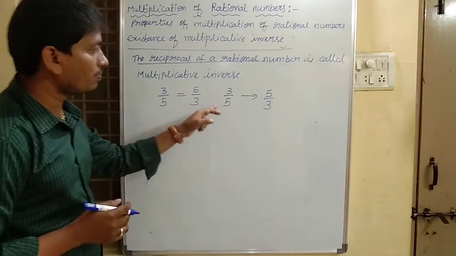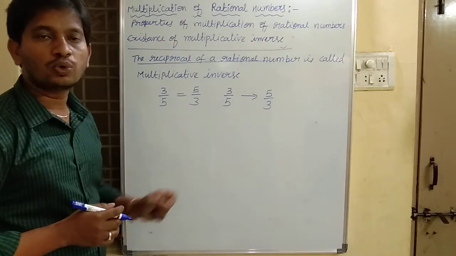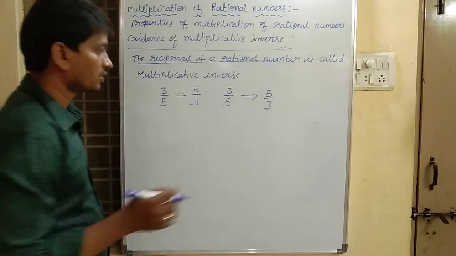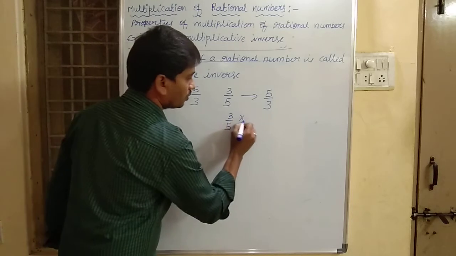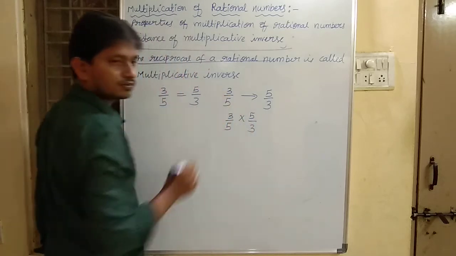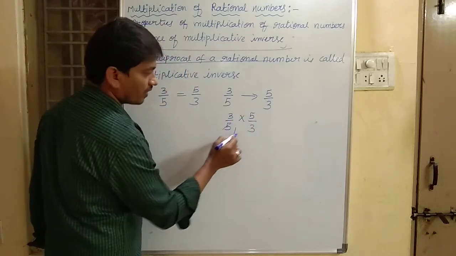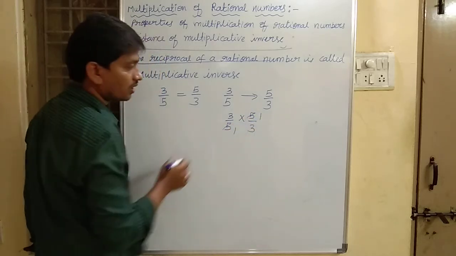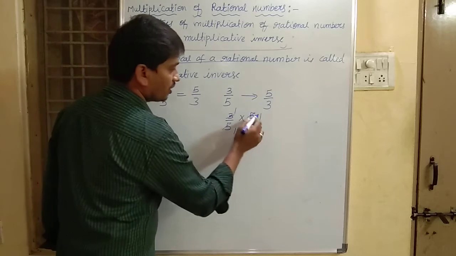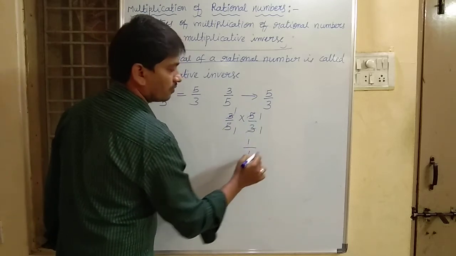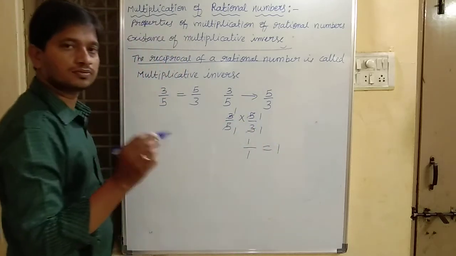See, if I multiply these two rational numbers, the product must be 1. Let me multiply 3 by 5 into 5 by 3. 5 cancels with 5, 3 cancels with 3. 1 into 1 is 1, 1 by 1 is 1 only.